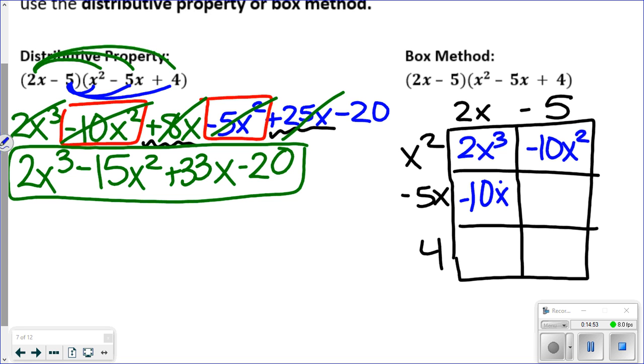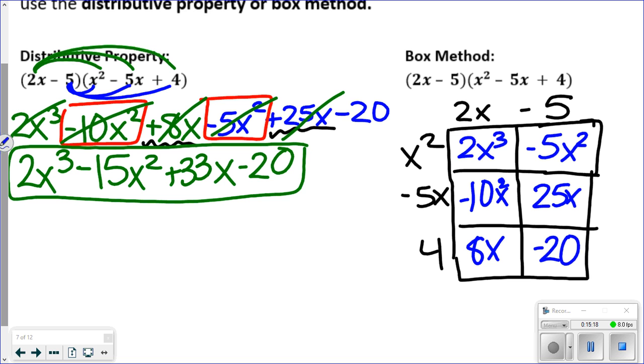Negative 10x squared. Oops, I already made a mistake. Negative 5x squared, I got ahead of myself, positive 25x, positive 8x, negative 20.